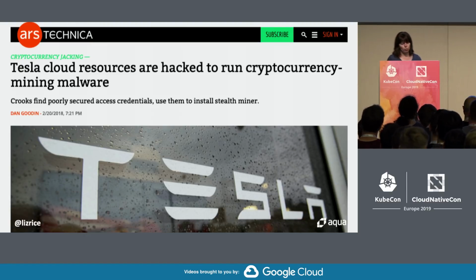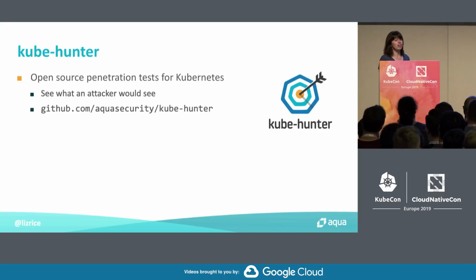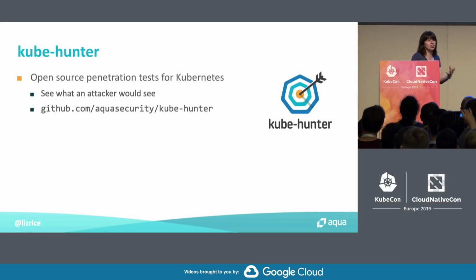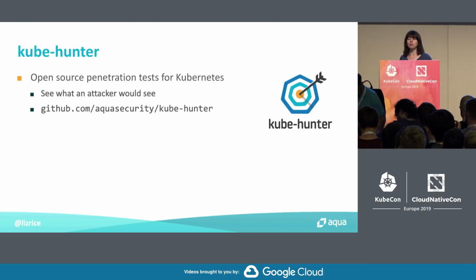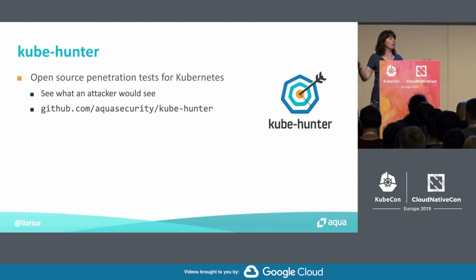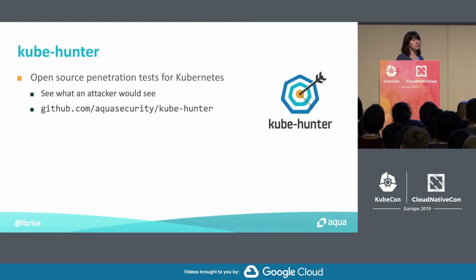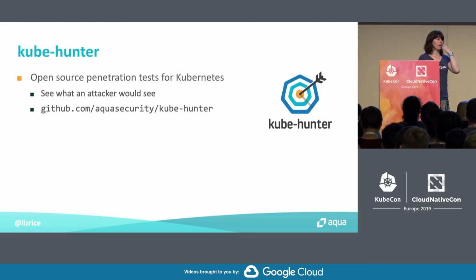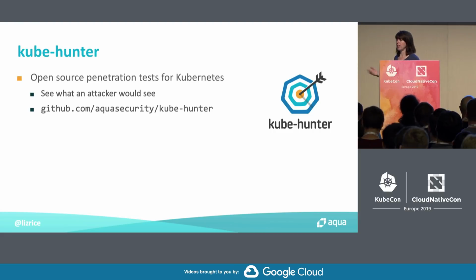And when this happened, we thought, well, a little bit of basic penetration testing, just checking what's possible out there, would have helped Tesla and maybe other companies see if they'd done anything grossly misconfigured, like leaving a dashboard or the API open to anybody to abuse on the internet.